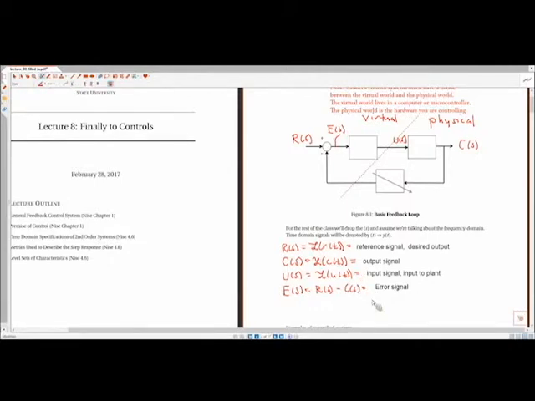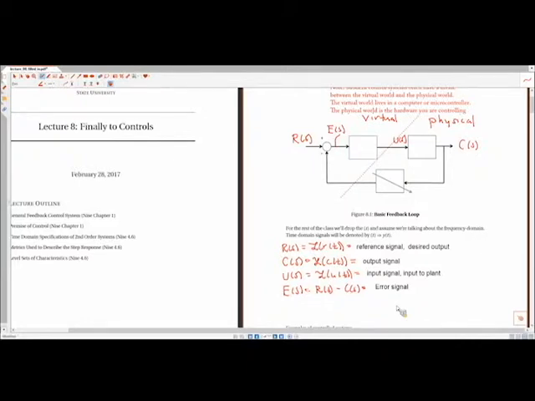Okay, so the error signal. If we have our desired output, say cruise control, the desired output is 65 miles per hour, and you have a measurement of your current output, say at a certain point in time you're going 63 miles per hour, the error is the reference minus the actual, which is then 2 miles per hour.